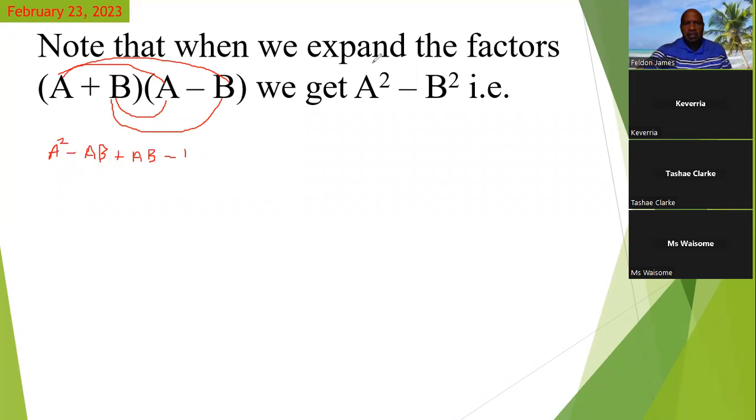All right. So all that we are left with, the middle term becomes 0, so we are only left with a squared minus b squared.